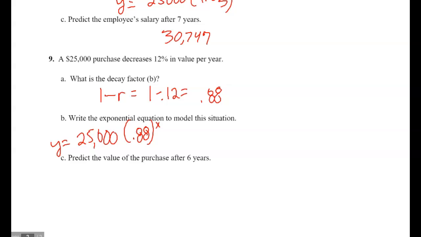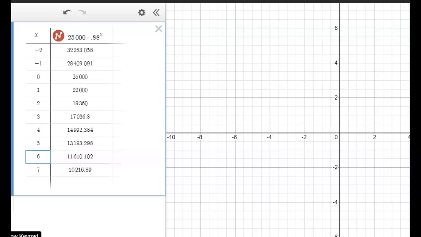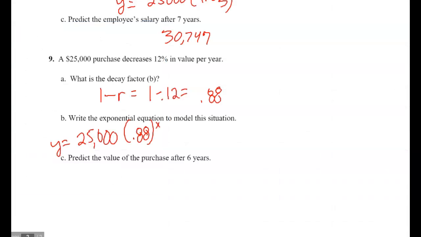And then after 6 years, we would put in 6 for x. And come over here to my last one. And there it is, 25,000 times 0.88 to the x. Here are the numbers, 1, 2, 3, 4, 5, 6. Notice again, our original amount, 25,000, is right here when you do 0. 11,610.